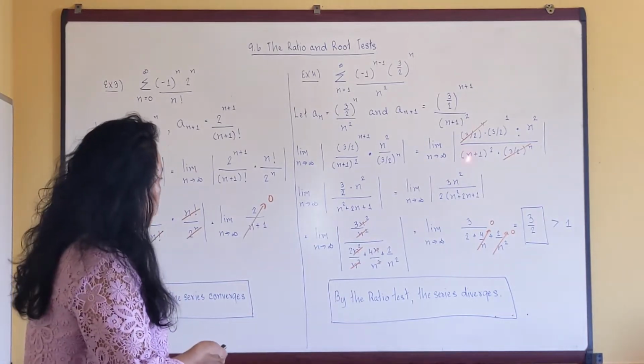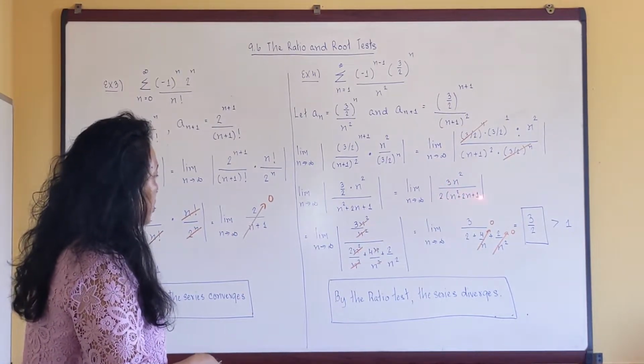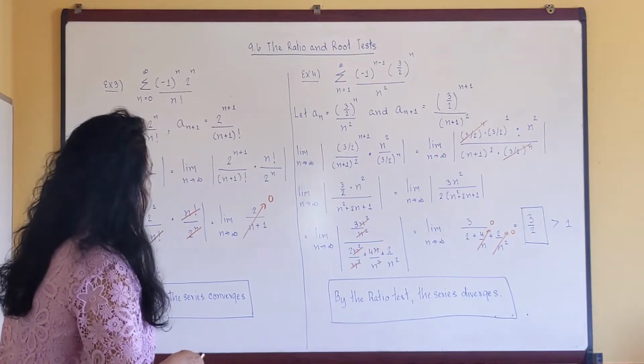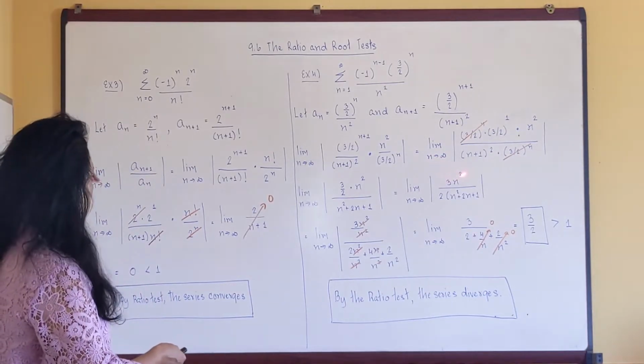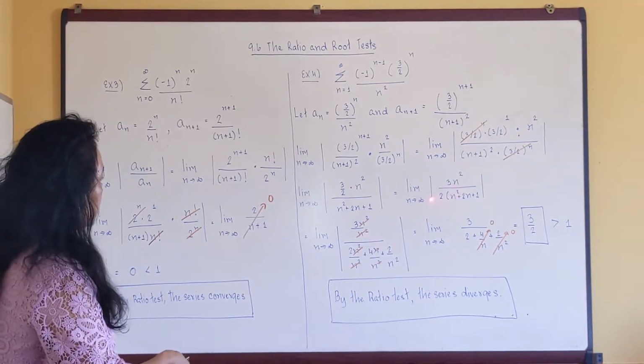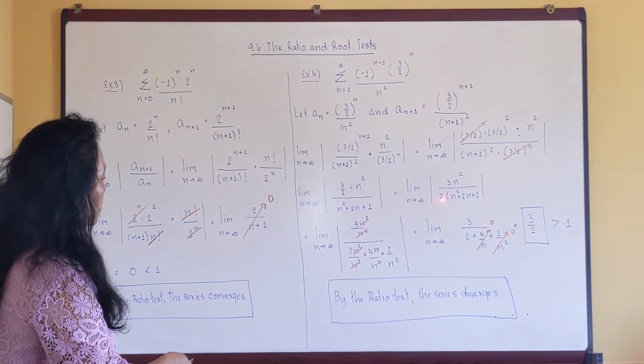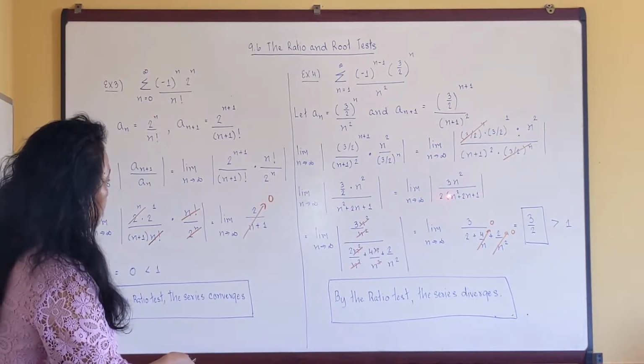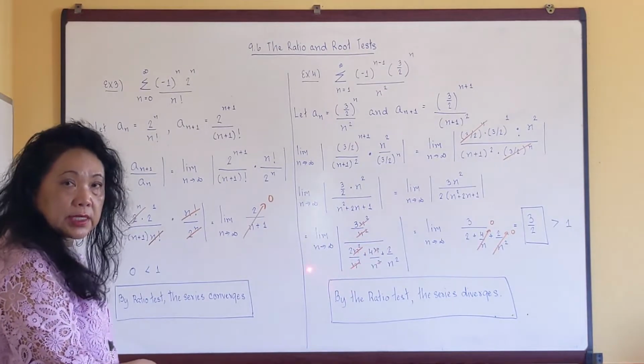Alright, I divide the numerator and every term on the denominator by n squared. So I'm going to have 3n squared over n squared. I distribute the 2 in each term. So I have 2n squared, but I divide every term by n squared.